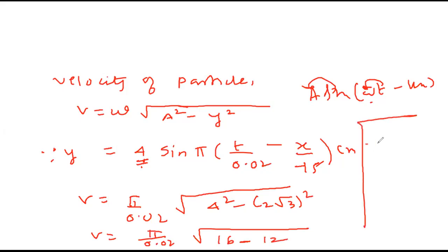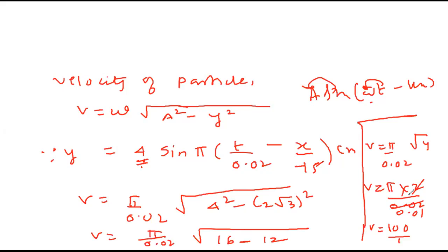So V equals pi upon 0.02 root of 4, V equals pi into 2 upon 0.02, so you can write 100 into pi.